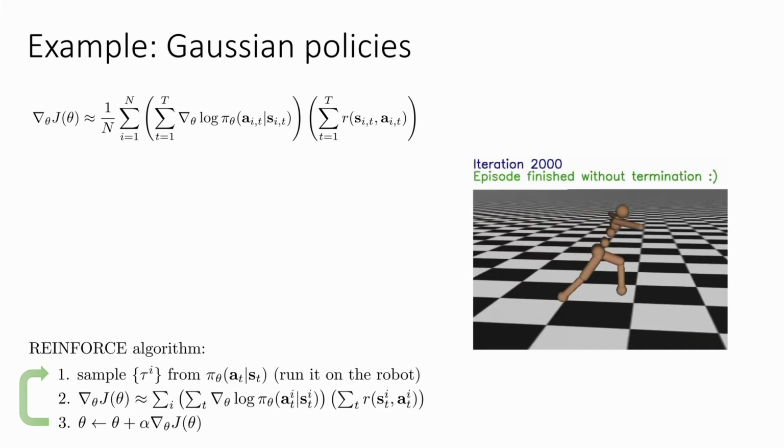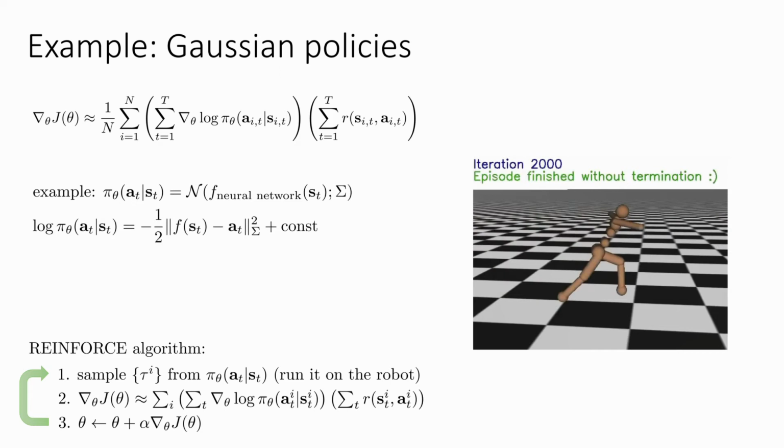A very popular choice is to use a multivariate normal distribution. So in a multivariate normal distribution, your policy is, maybe its mean is defined by some neural network. Its covariance might also be defined by some neural network, but for now I'll just say the covariance is constant for simplicity. And theta represents the parameters of this neural network.